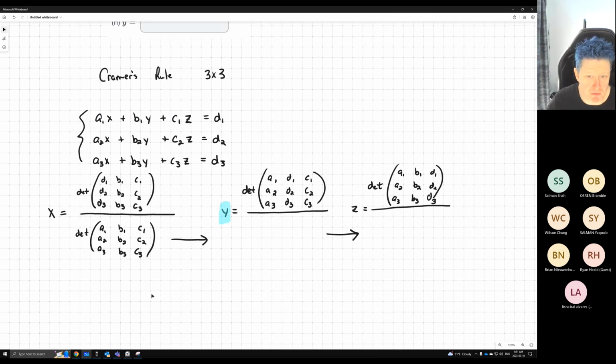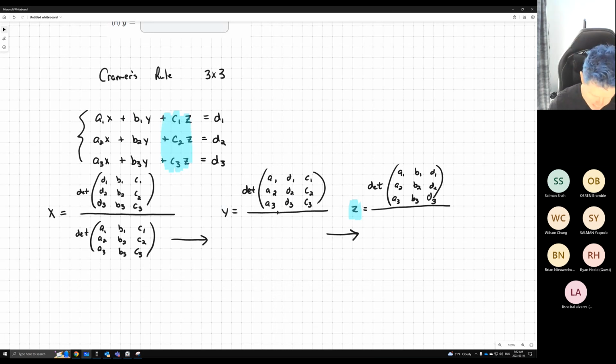What I'm going to do is replace the middle column, because the middle column for the b's are associated with the y coefficients. I'm going to replace the b column with the right-hand side. So you can see that right there. And finally, the same is true for z. The z coefficients are the c's, C1, C2, C3.